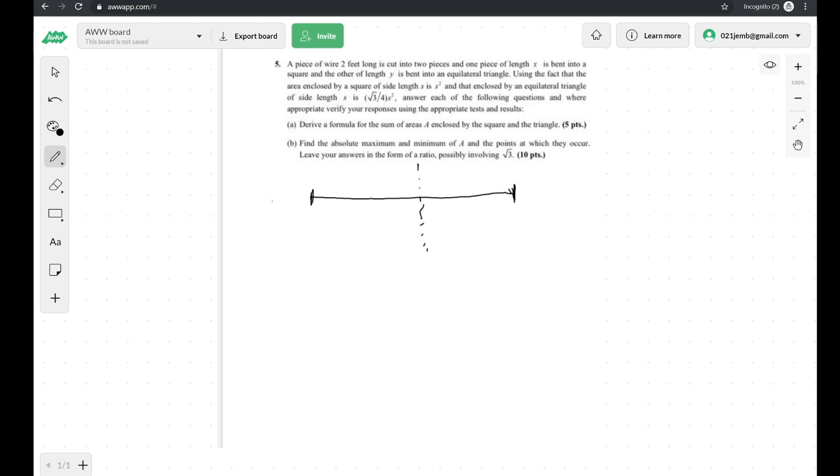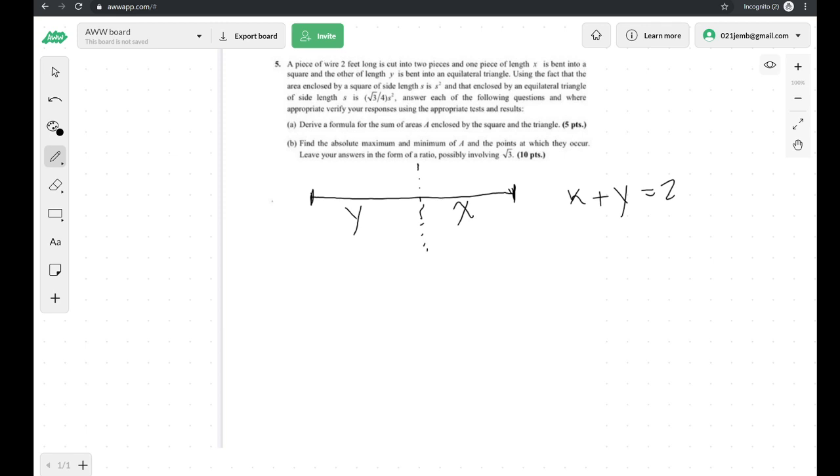One of the pieces is going to have a length of y, and the other a length of x. And so we know that because it's 2 feet long, x plus y equals 2.